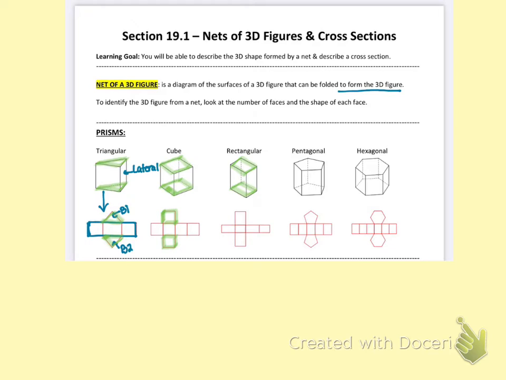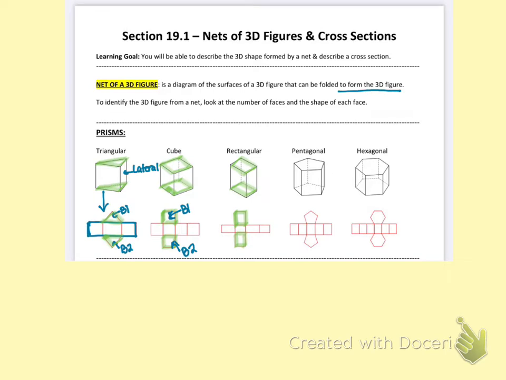So this is my base 1, and this is base 2. You can do the same thing with the rectangular prism. So this is a net for the rectangular prism, and there are the bases.